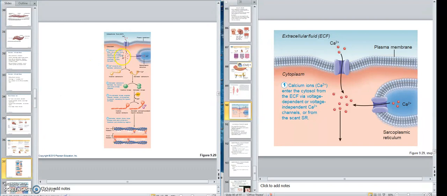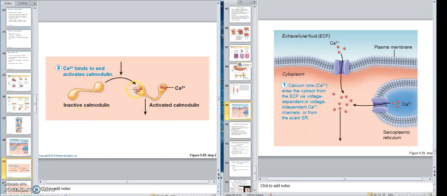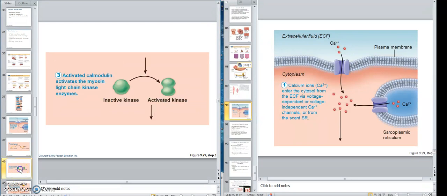All right, here's the calcium coming in. Again, there's that calcium. This is showing the calcium activating calmodulin. And this activates a kinase enzyme.